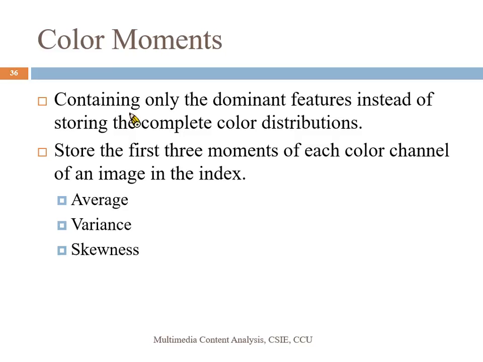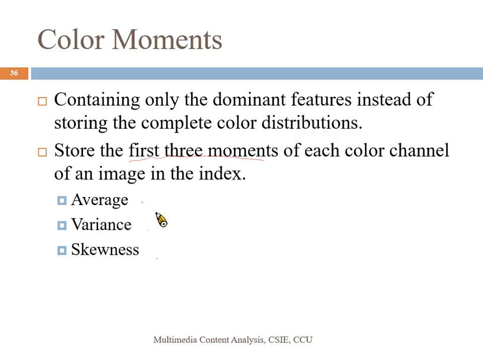The color moment contains only the dominant features instead of storing the complete color distribution. So we can say that the color moment is a very simplified version of the color distribution, and we just store the first three moments of each color channel, which are the average, variance, and skewness.